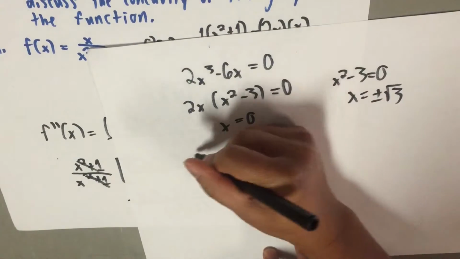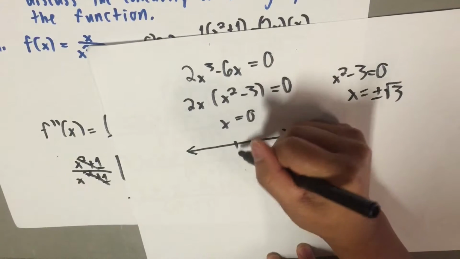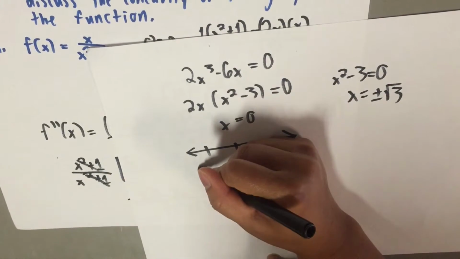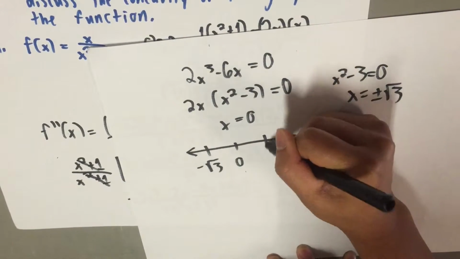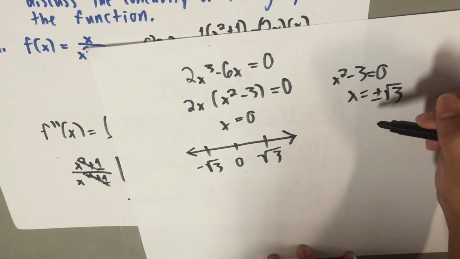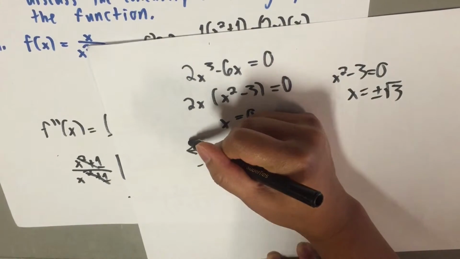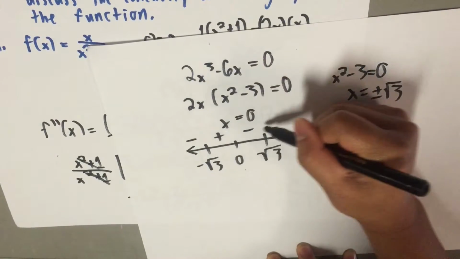And if you make a sign chart with all the values, so negative square root 3, 0, square root 3, and you plug it into the second derivative, you find out that it's negative over here, positive, negative, positive.